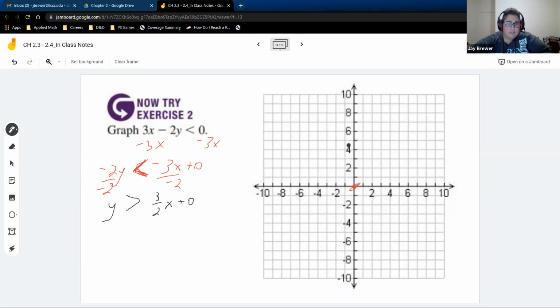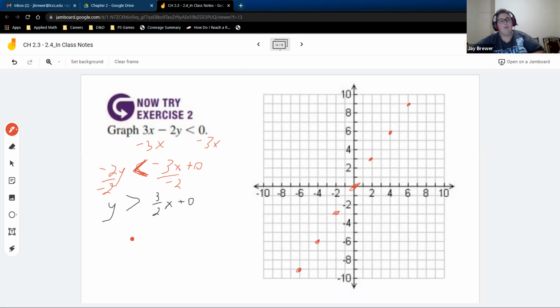If we use our slope for the rest of our graph, it's going to be up 3 and to the right 2, up 3 and to the right 2. And then going the other way, down 3 and to the left 2, down 3 and to the left 2.